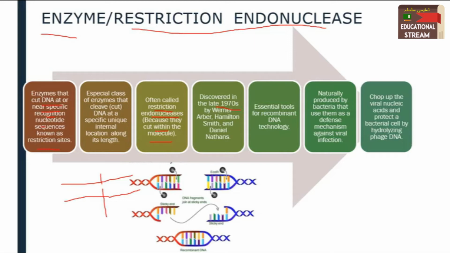They were the first to characterize and isolate the first type 2 restriction enzyme, which was HindII. HindII was the first enzyme isolated and characterized from the bacterium Haemophilus influenzae. It then became an essential tool for recombinant DNA technology.